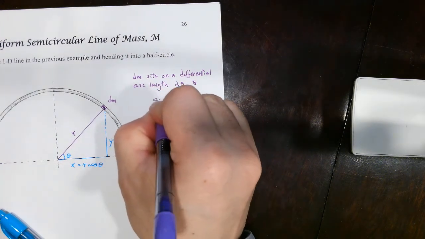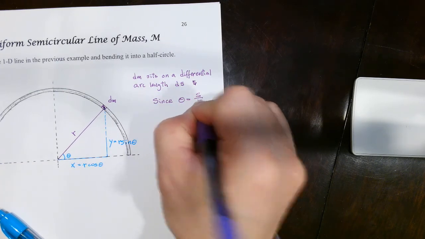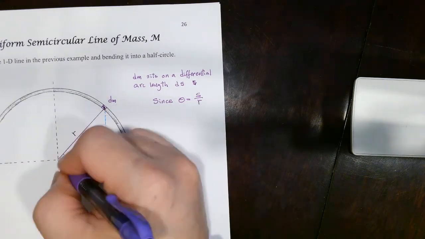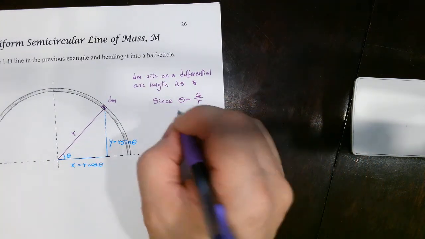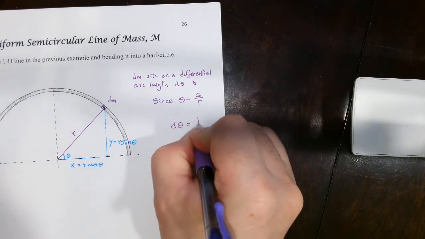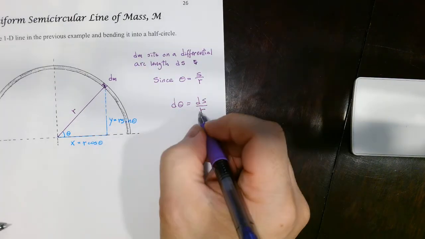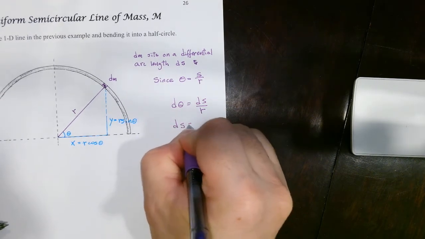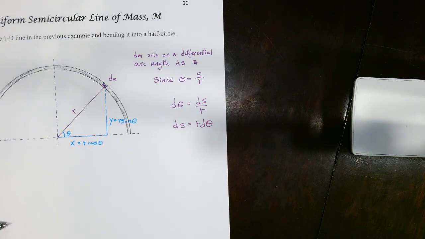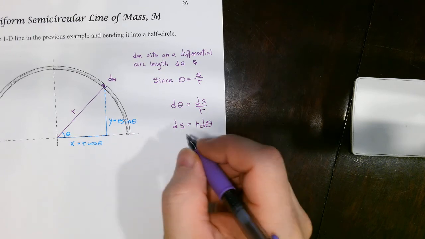And since theta is equal to s over r, r is going to be constant because the radius doesn't change. So if you take a derivative on both sides, d theta is equal to ds over r. So what's my ds? My ds is equal to r d theta. So we're going to have to use the polar coordinate system here.